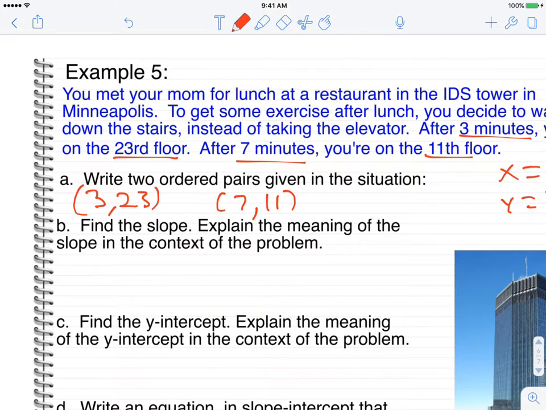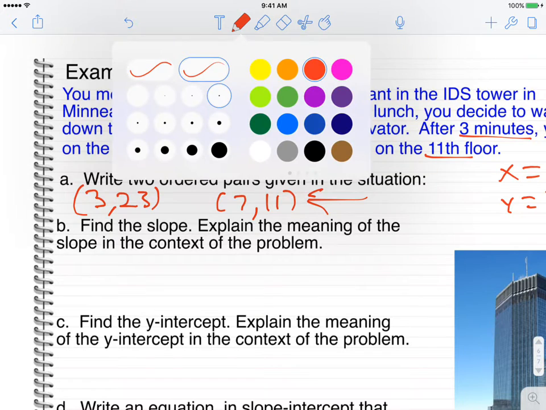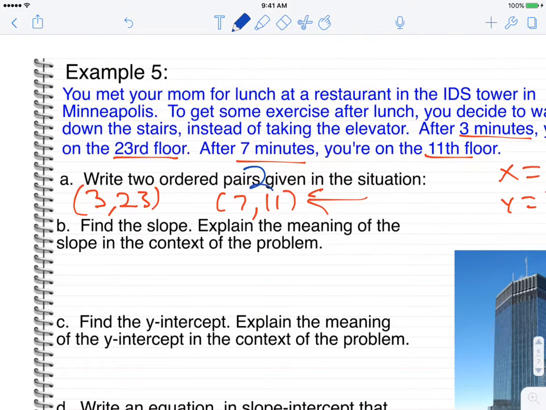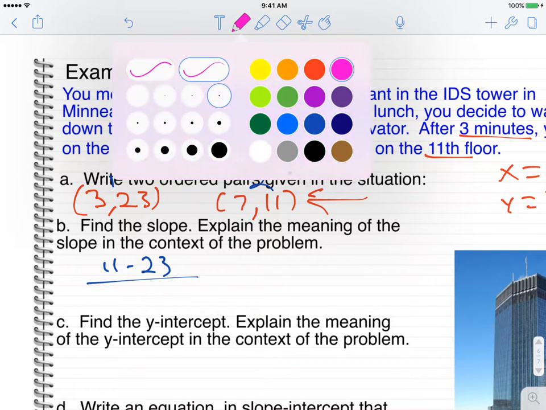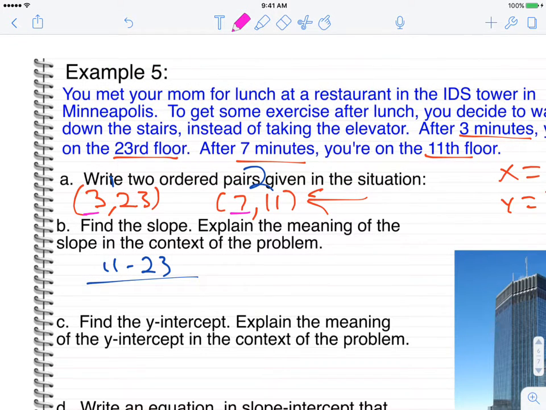So I'm just going to find the slope now, and I can do all this same stuff that I've done because I've got my two ordered pairs. I'm going to call this set of points my second and this my first. So I'm going to take 11, take away 23, and then take my x points, 7, and take away 3.